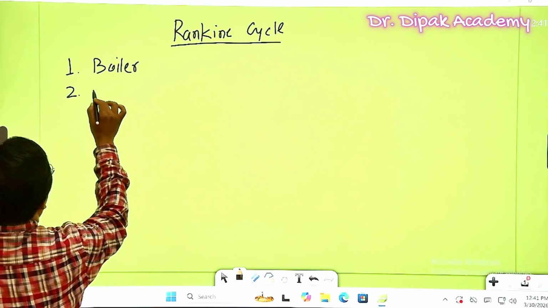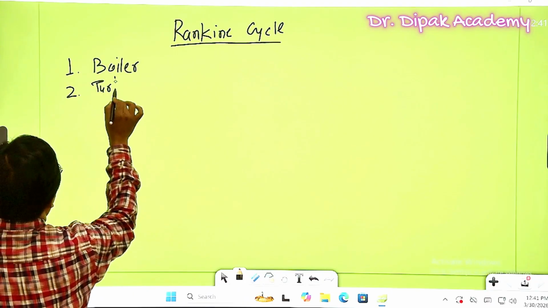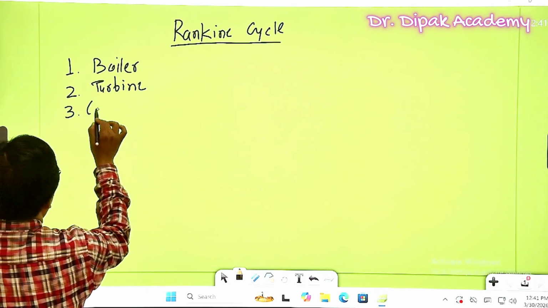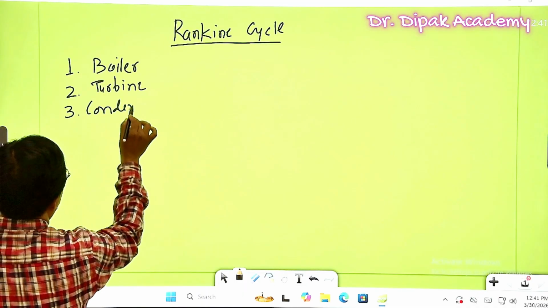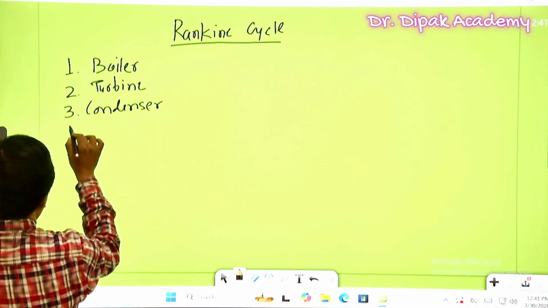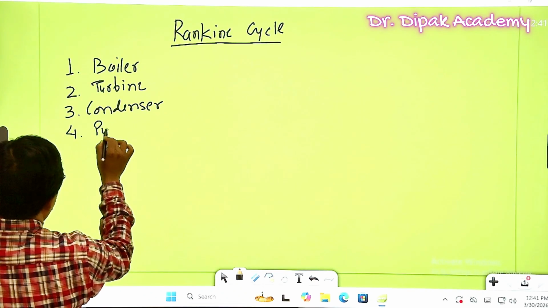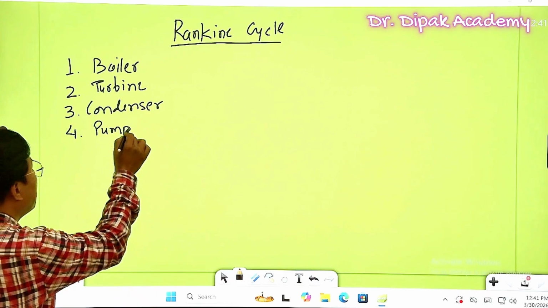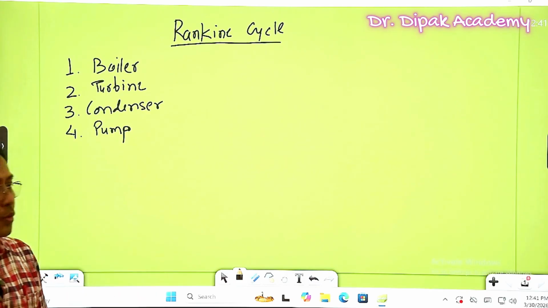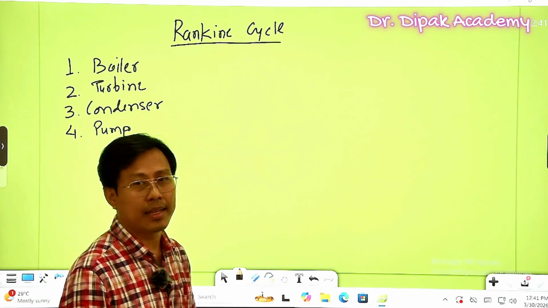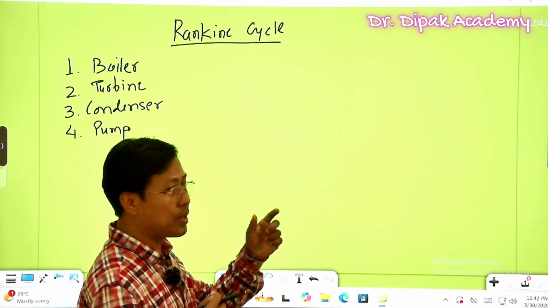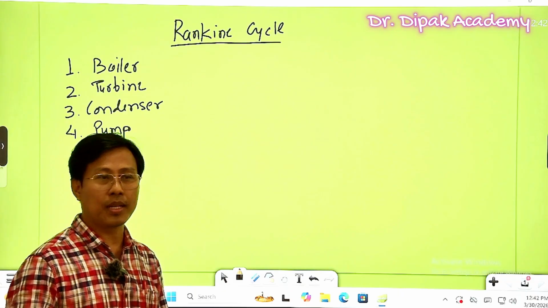Second, the major component is the turbine. Third one is the condenser. Fourth, we'll have a pump.